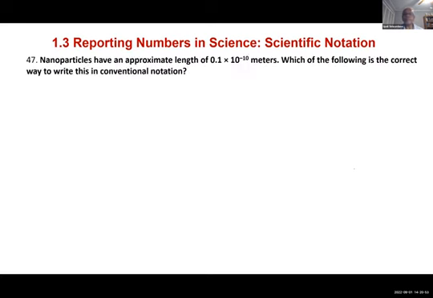Reporting numbers in science, scientific notation. For this number, meters of length, conventional notation. So you see that in conventional notation, this has to be moved to a 1.0 times 10 to the something.